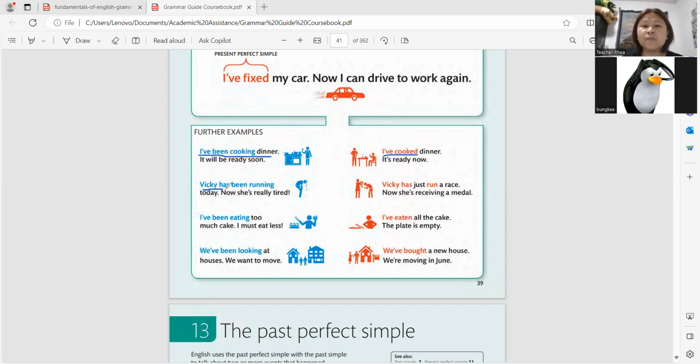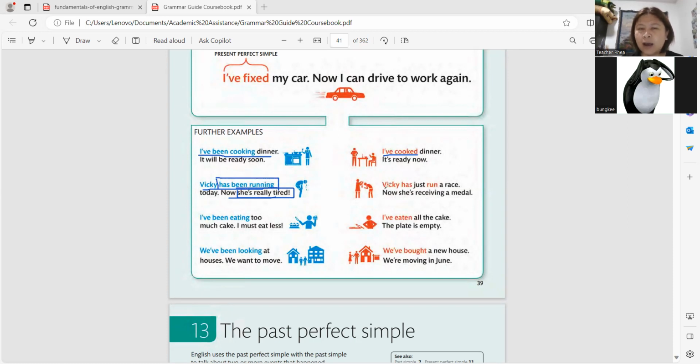Next is Vicky has been running today. Now she's really tired. So this is the effect of the activity that she did today, and she's really tired, so we use here present perfect continuous.